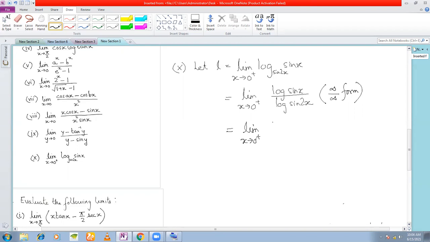If you differentiate this by L'Hospital's rule, log sin x, you get cos x by sin x, and here you will get 2 cos 2x by sin 2x, right? This is by LH rule.